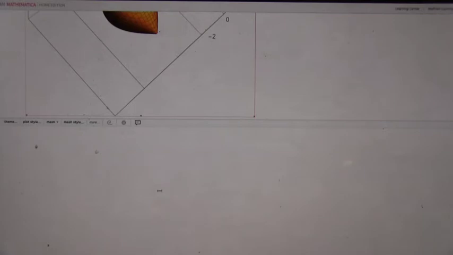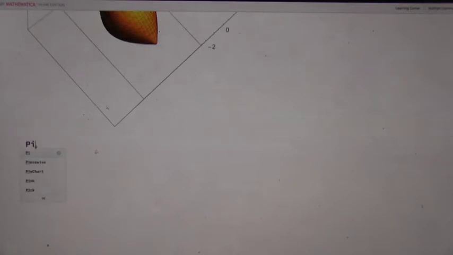If I wanted to set up a volume formula, what would it be? It's pi times the integral of sine x squared, evaluated from 0 to pi.